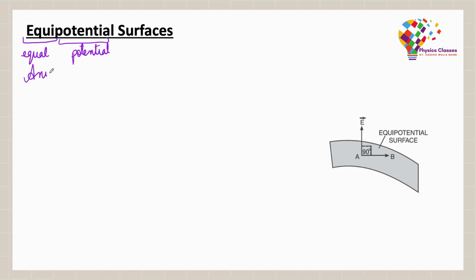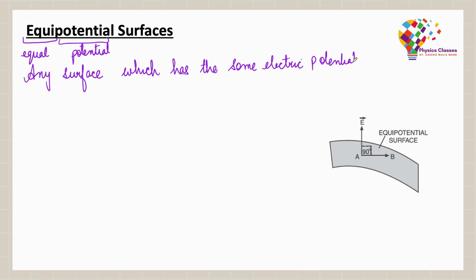So we can say that any surface which has the same electric potential at all the points on the surface is called an equipotential surface. Very basic, simply go as per the name.